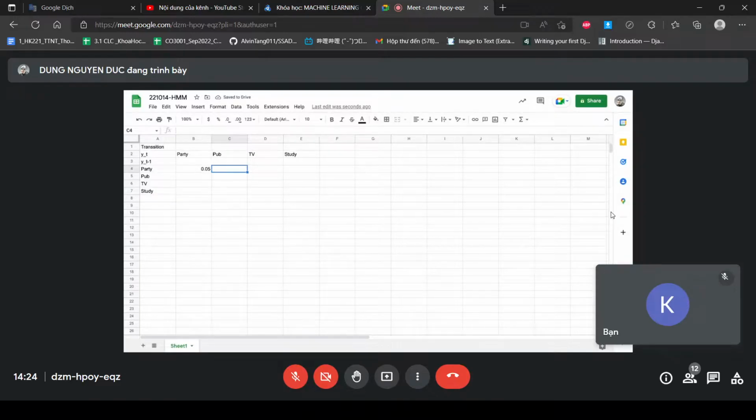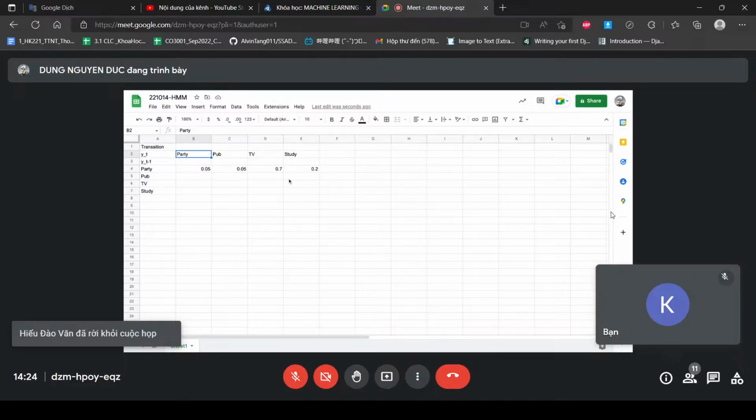And from party to pop, also 0.05. TV will be 0.7 and 0.2. Now, if you calculate the sum over this sequence, it should be 1, right? So that means we are doing things correctly.